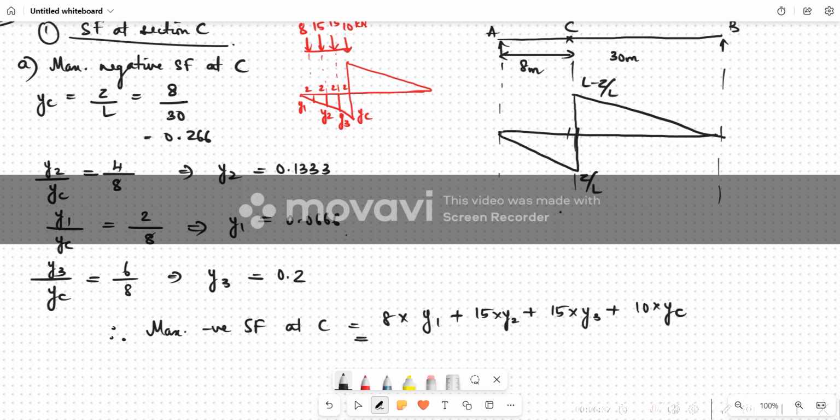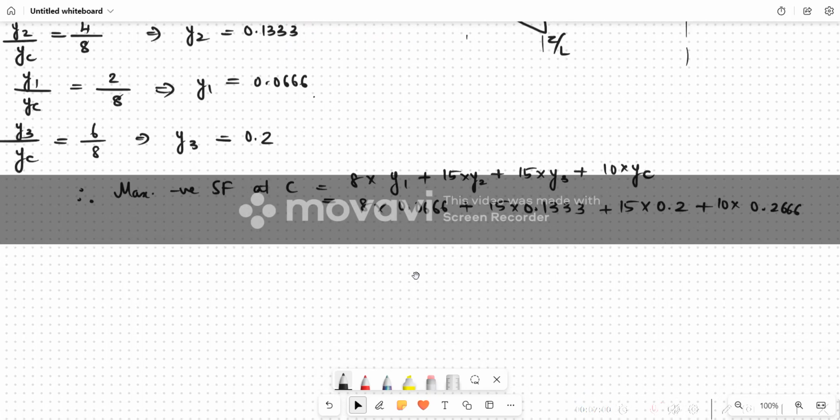Substituting, you will get 8 into 0.0666 plus 15 into 0.1333 plus 15 into 0.2 plus 10 into 0.266. The answer is 8.199 kilonewton. So it is as easy as this.